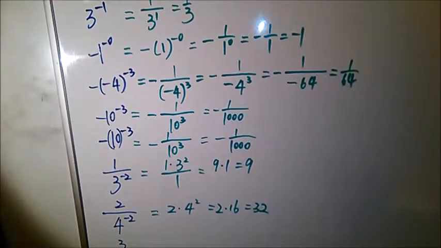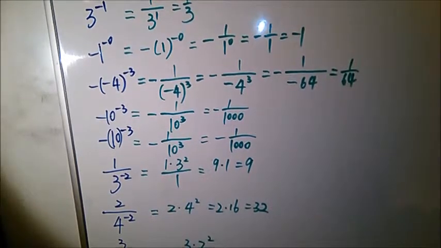This one, we have 3. And on the bottom, we have a 2 connected with the negative exponent. Move the 2 with a negative exponent upstairs. So we're going to have 3 times 2 squared divided by 2. Okay, so if we look, the 2 has a power of an invisible 1, right? So we're going to cancel out the exponents because our bases are the same.